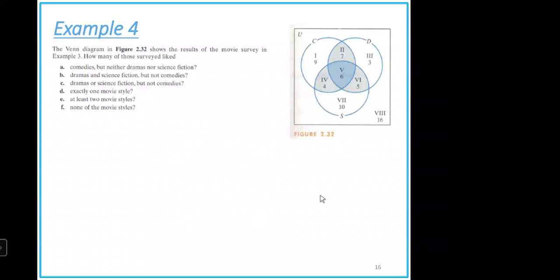They're asking you some questions. The first question: you have the Venn diagram, C for comedy, D for drama, S for science fiction, and they're asking how many of the persons surveyed liked comedies but neither drama nor science fiction.